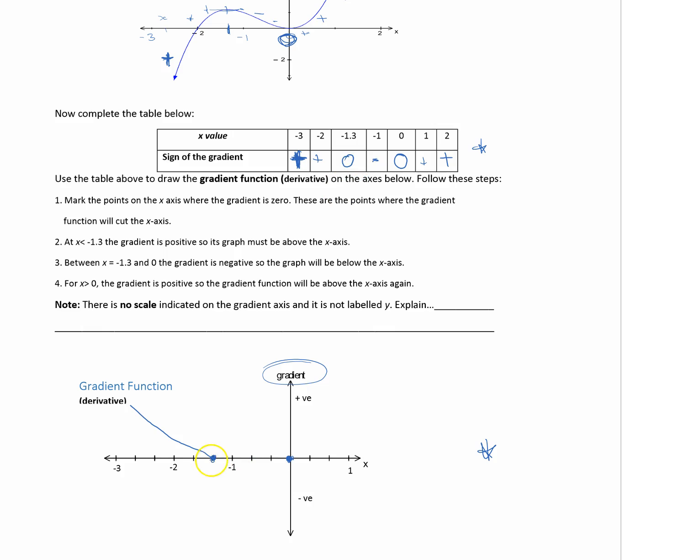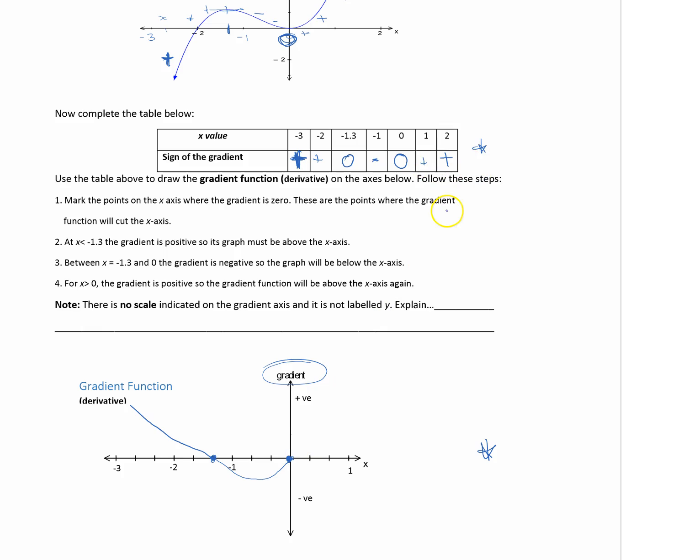Between x is negative 1.3 and 0, in between here, the gradients were all negative. So I know that the gradients went negative, but then they came back and were 0. So I've got to go down into the negative region, but actually get back to 0 at x is equal to 0.